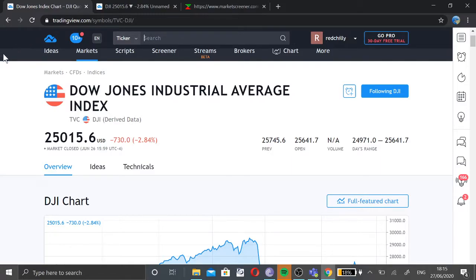Let's get started. I'm based in the UK. I've been using this TradingView website, which is free to use for the basic stuff, and I found it really useful. I also use a couple of other websites, including IG Index and Market Screener.